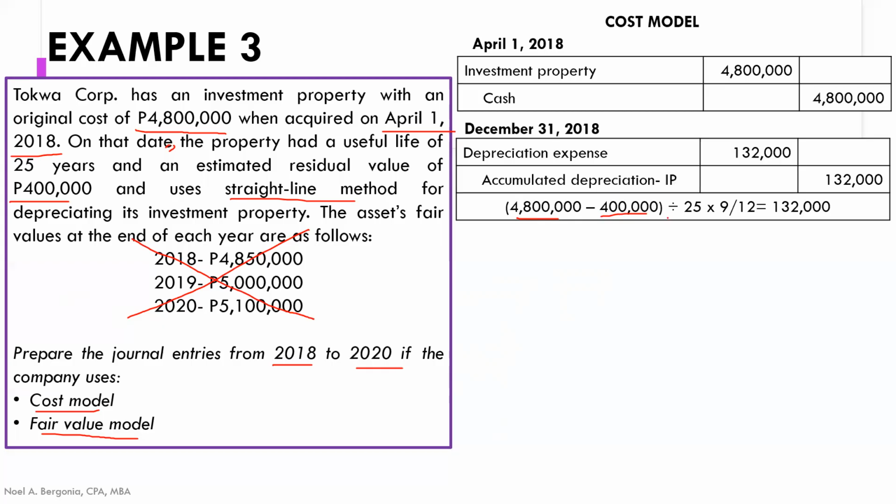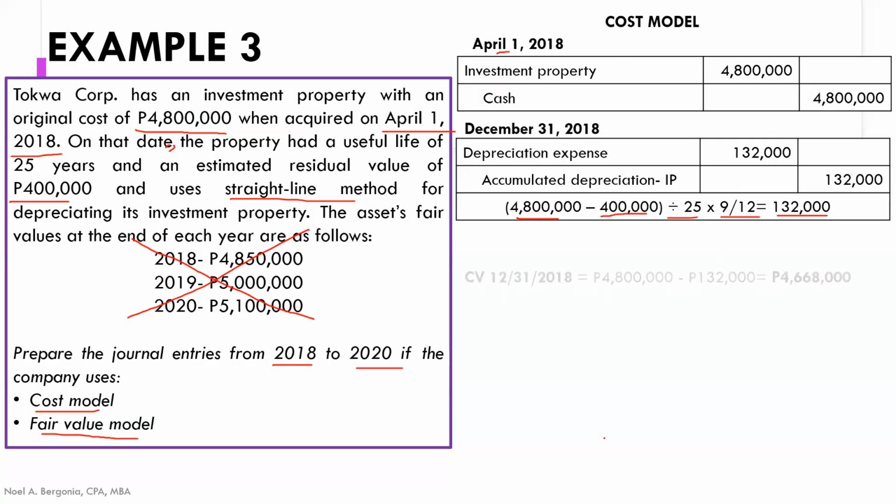Then divide it by the given useful life of 25 years. Since in 2018 it only started from April up to December, it is only 9/12. That is where our depreciation expense of 132,000 came from. Again, if you have questions, please let me know.